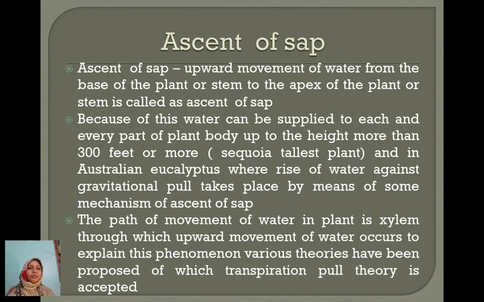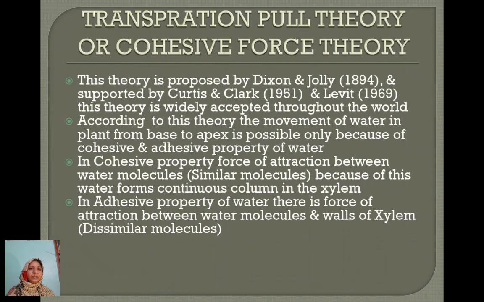The path of movement of water in plants is the xylem, through which the upward movement of water occurs. To explain this phenomenon, various theories have been proposed, of which the transpiration pull theory is widely accepted throughout the world.